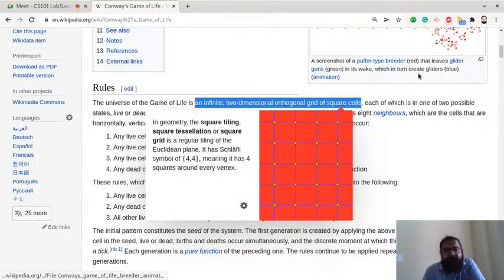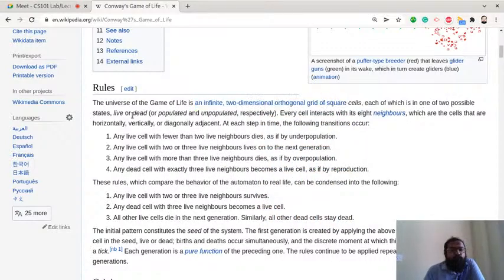Either a particular cell is alive or dead, or populated and unpopulated.